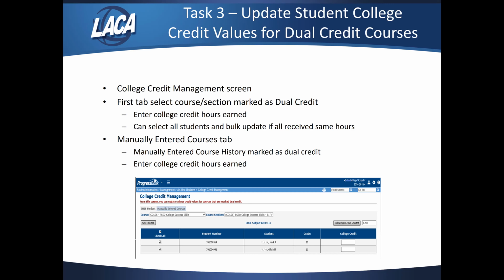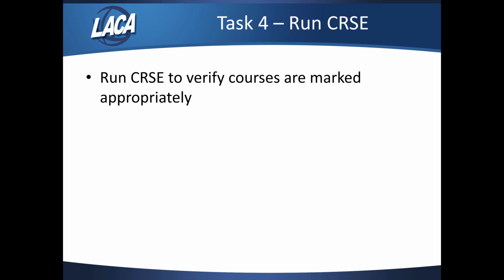Okay, so I just need to look at the course history of that child and see if the course is there twice. Yeah, that would be something you'll need to check and verify for duplicates. Run your CRSE.